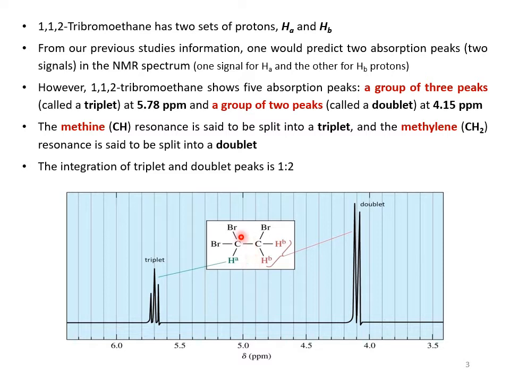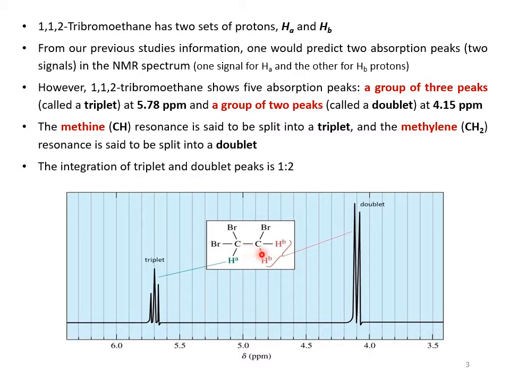So for 1,1,2-tribromoethane, from our previous studies, we would predict that we will get only two signals, or two absorption peaks, as there are two chemically non-equivalent protons. One is this methine proton, which is designated as Ha, and the other is the methylene protons, which are designated as Hb.